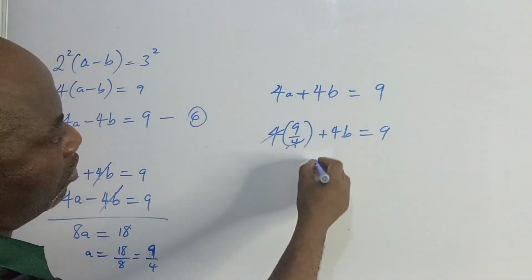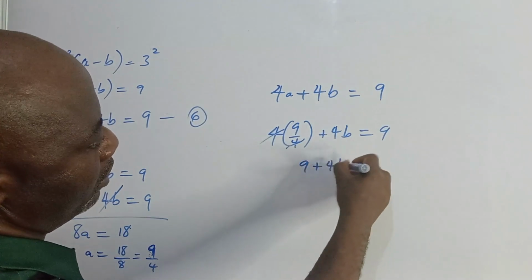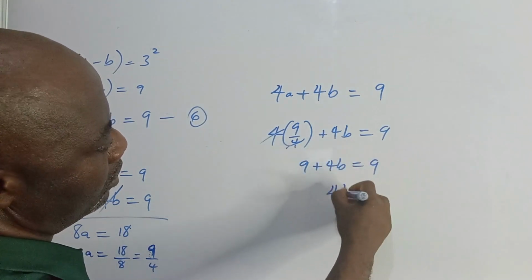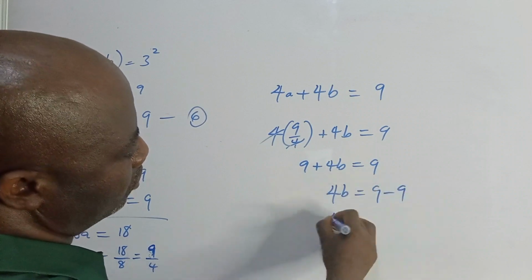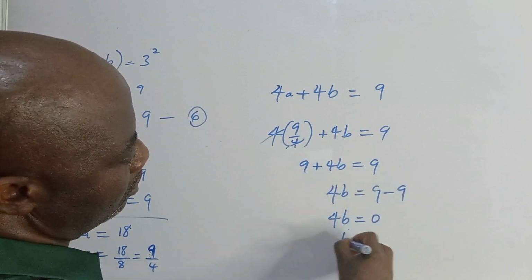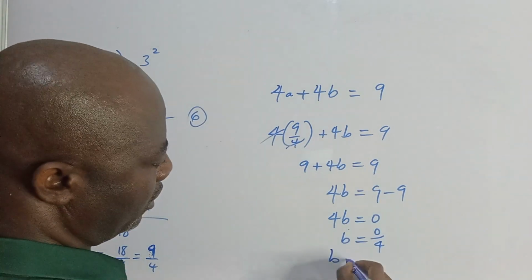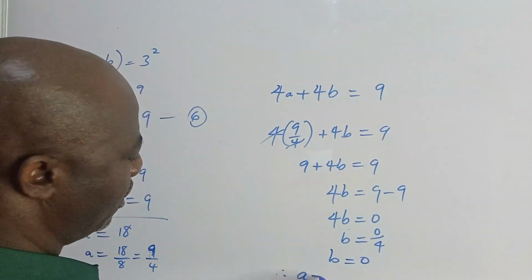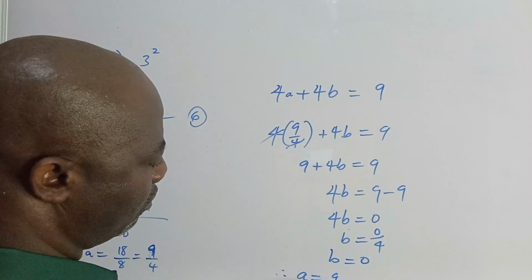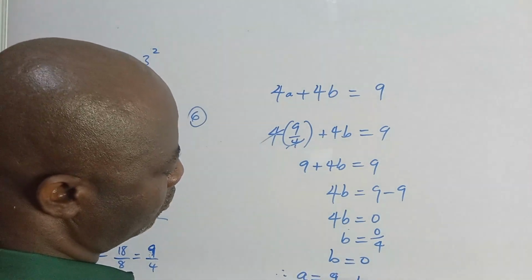So this and this go, and we have 9 plus 4B equal to 9. So 4B equal to 9 minus 9, so 4B equal to 0. B equal to 0 over 4, and so B is 0. Therefore, A equal to 9 over 4 and B equal to 0.